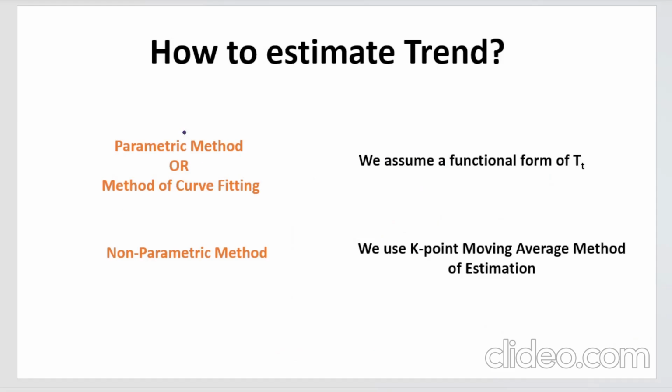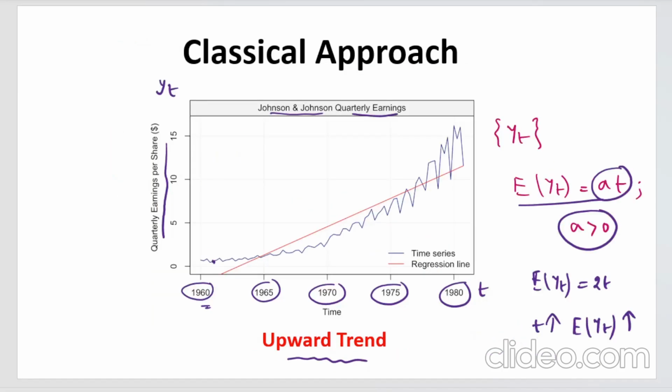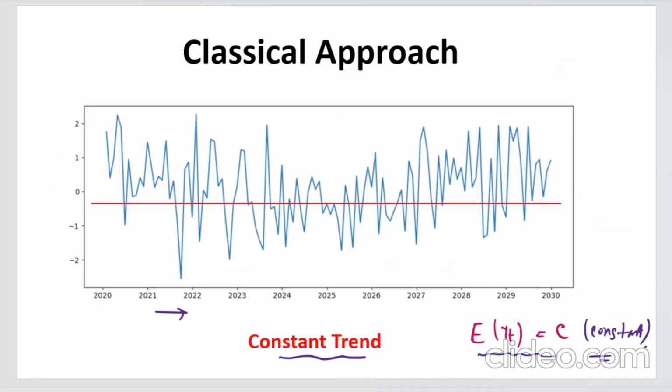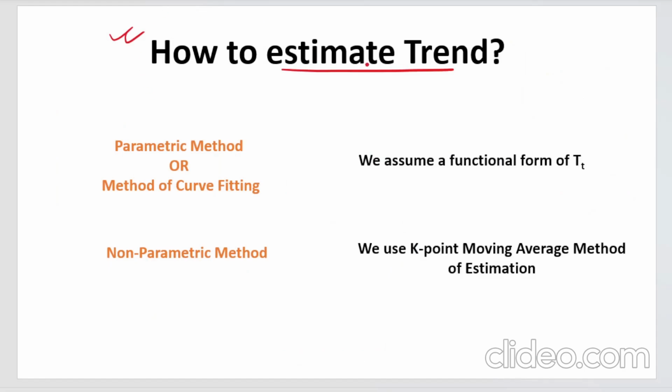Now, the next important question that we will be answering is how to estimate this trend. So we have understood what a trend is and what the different types of trend possible are. Now we'll see how we can estimate this trend. There are two approaches of estimating a trend. First is a parametric method, or what we call method of curve fitting, or freehand curve fitting, right?